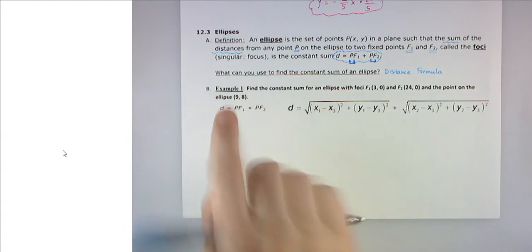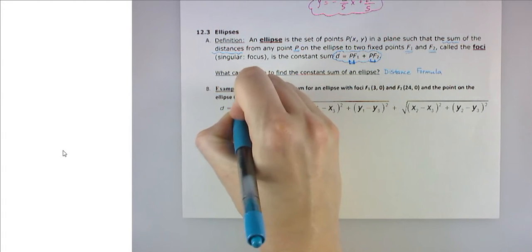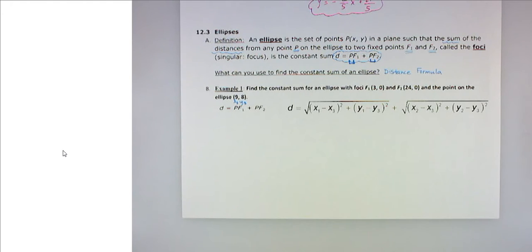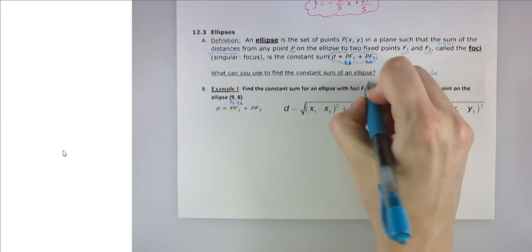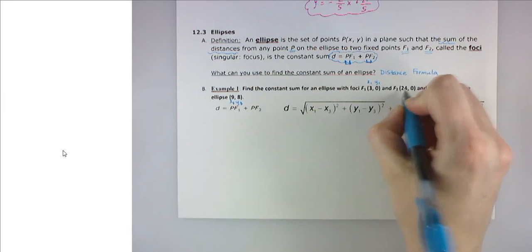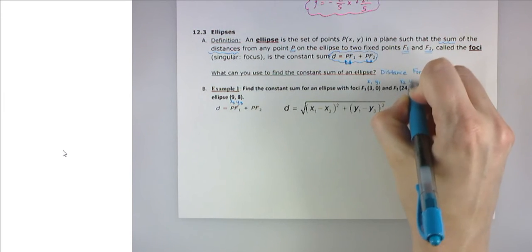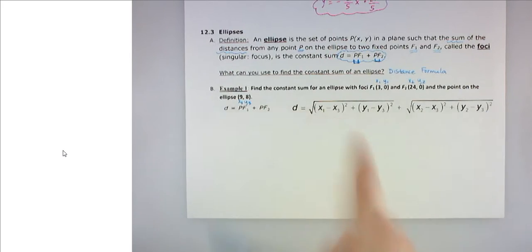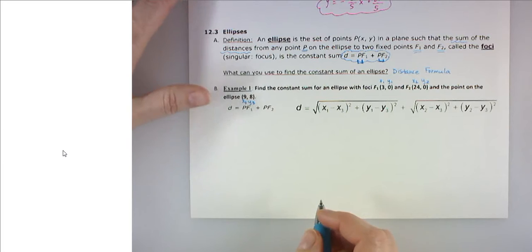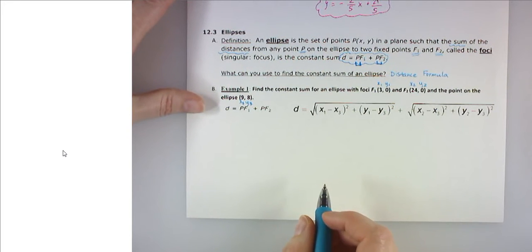So this is the x3, the y3, the 9 and the 8, because that's in both of them. Okay, so the F1 is going to be our x1, y1, and then our F2 is going to be our x2, y2. Okay, and you can always use this as your x3, y3. Okay, so now we are going to substitute.